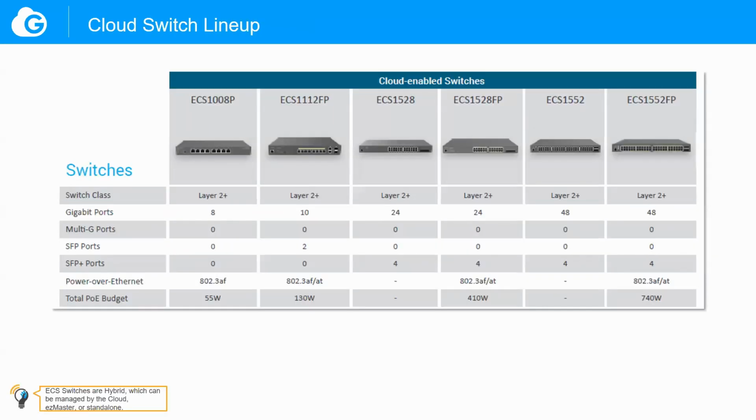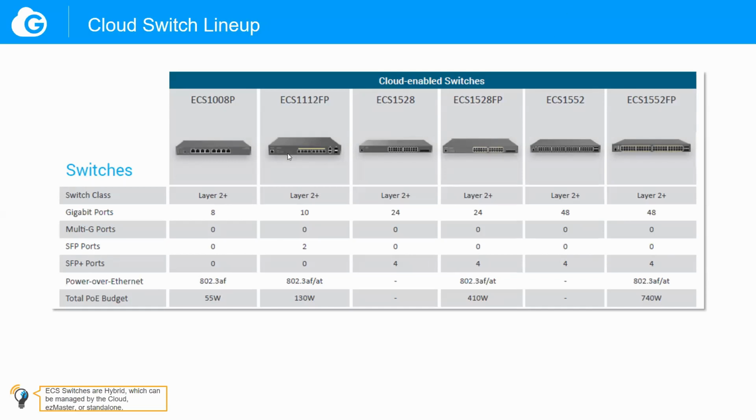So these are our cloud switches. Let me show you the standard gigabit switches first. It comes in different formats. All of our cloud switches have the same features software-wise. The difference would be in the form factor and the configuration options. For example, we have 8-port switches.